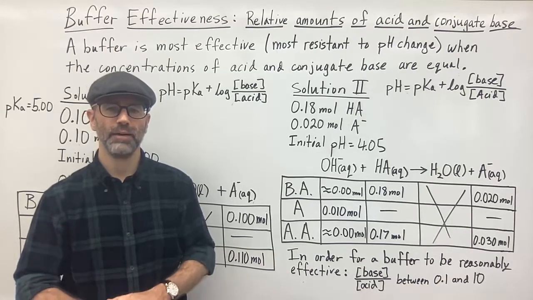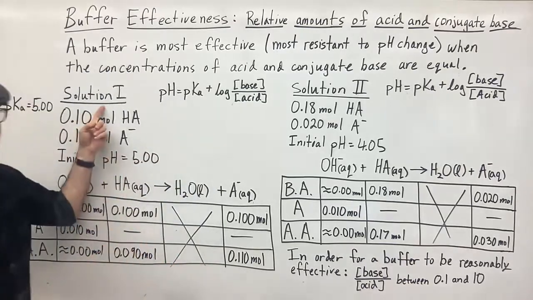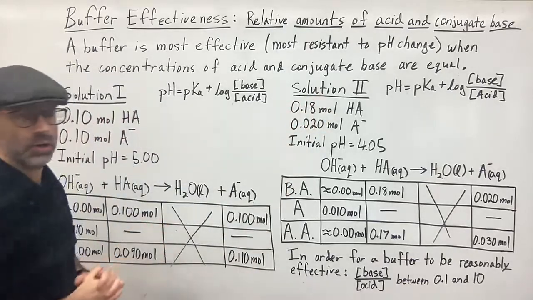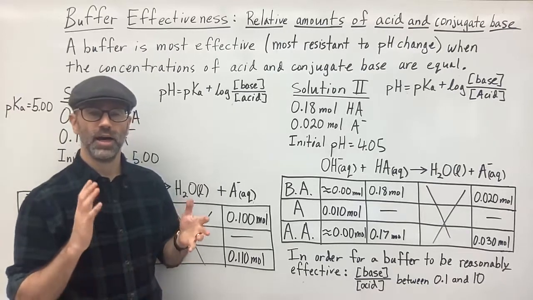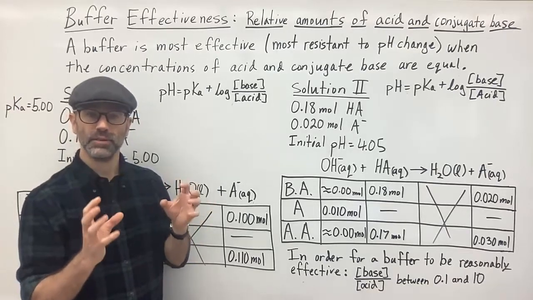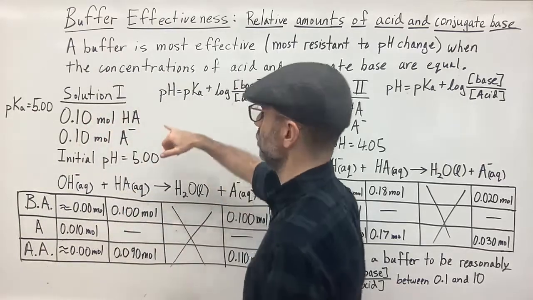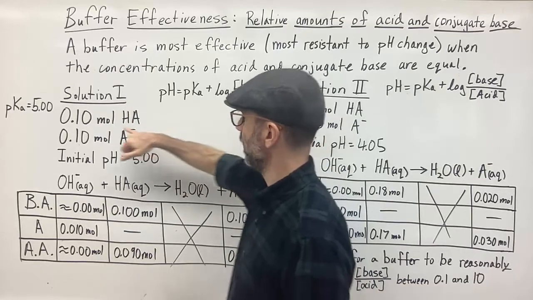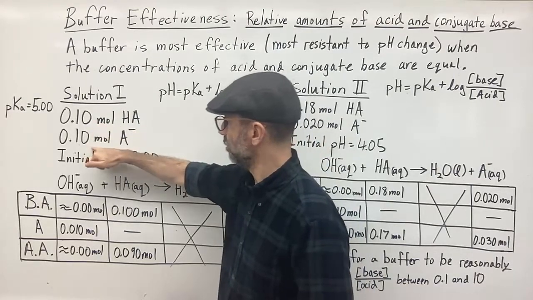And so I have two situations set up. We have solution 1 and we have solution 2. We're going to look at how the buffer is affected based on the relative amounts of acid and base. In solution 1, you'll notice that I have equal amounts of the acid and conjugate base.